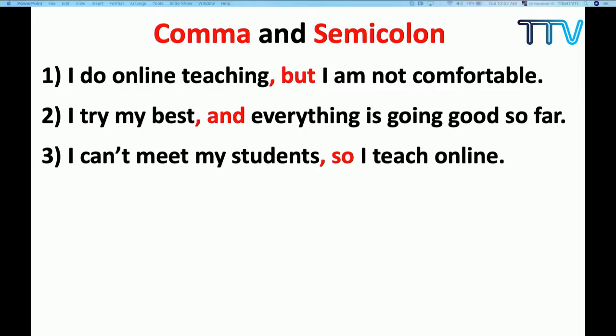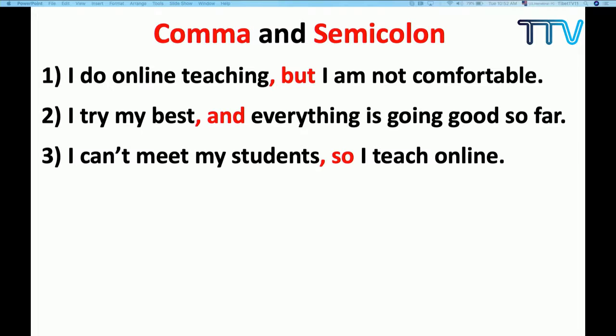This is a compound sentence. Why? Because we have two simple sentences. I do online teaching is a complete simple sentence. I am not comfortable is also a simple sentence. We join them with the word but, so this becomes a compound sentence.